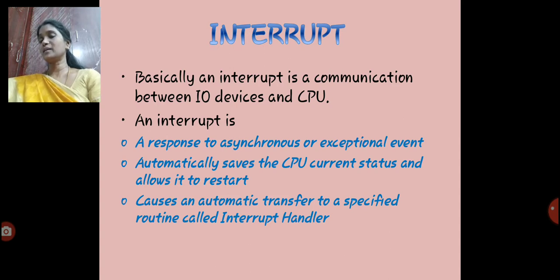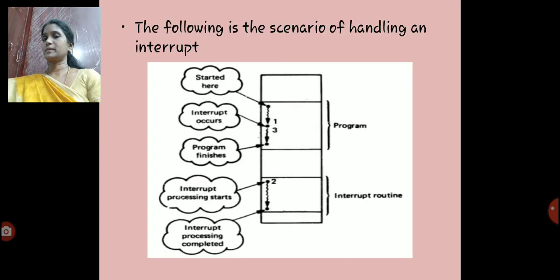And the interrupt causes an automatic transfer to a specified routine called the interrupt handler. So immediately when the interrupt occurs, the CPU will change its current status and go and attend the interrupt with the help of the interrupt handler. This is called an interrupt.